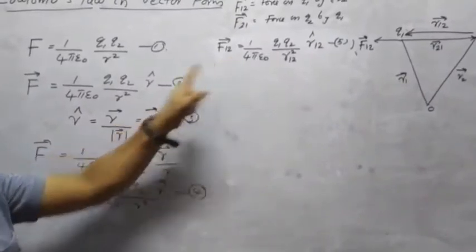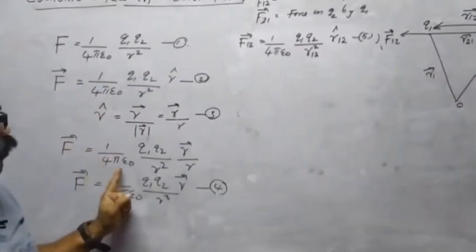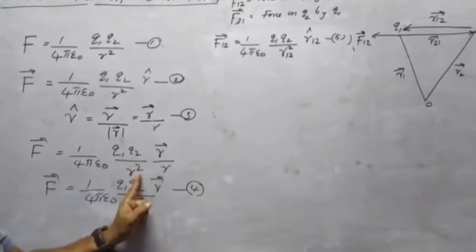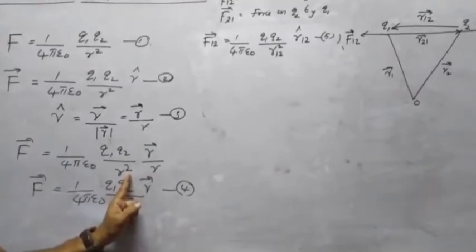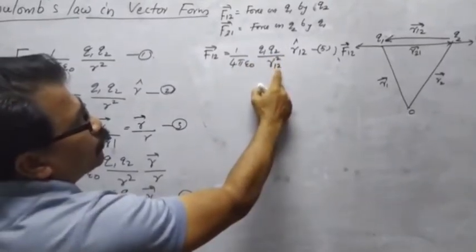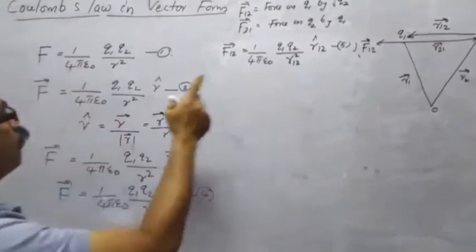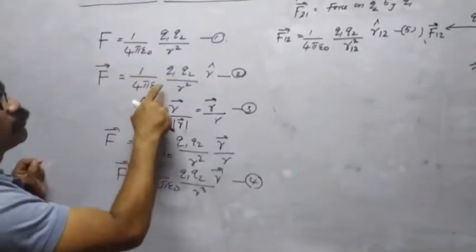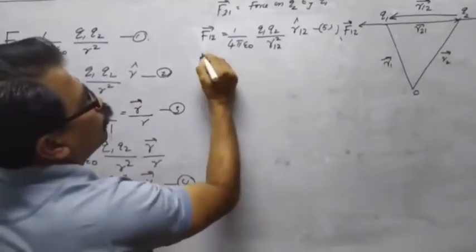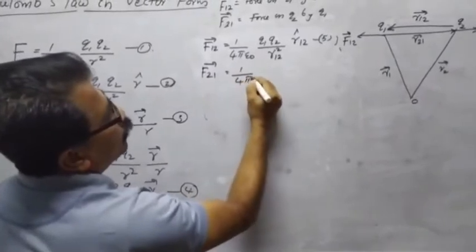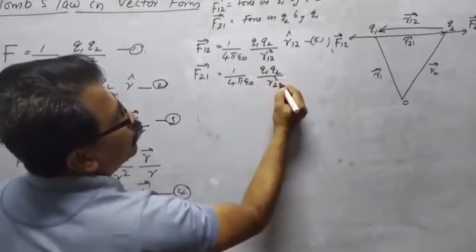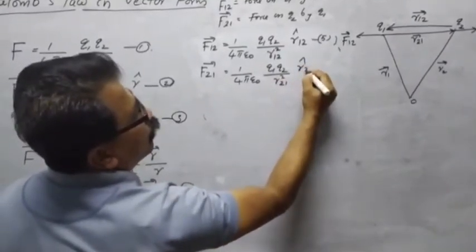This equation for F12, 1 by 4 pi epsilon 0 Q1 Q2 by R12 square into cap R12, is of the form F equals 1 by 4 pi epsilon 0 Q1 Q2 by R square into cap R. Similarly, F21 equals 1 by 4 pi epsilon 0 Q1 Q2 by R21 square into cap R21.